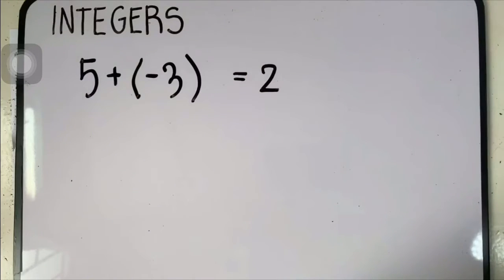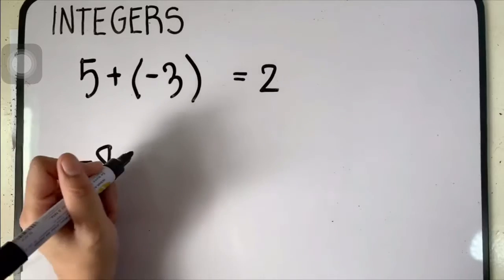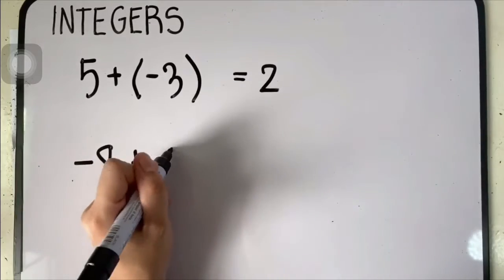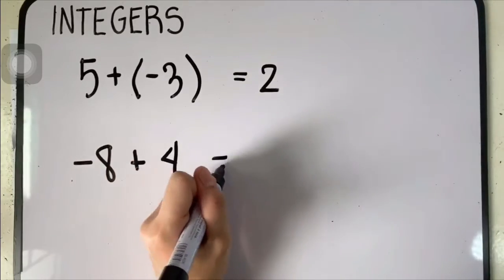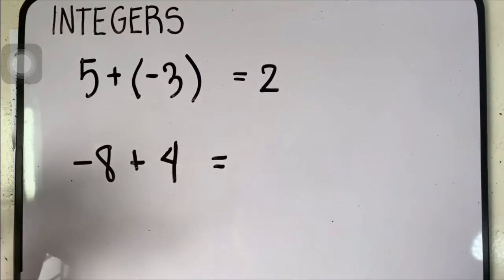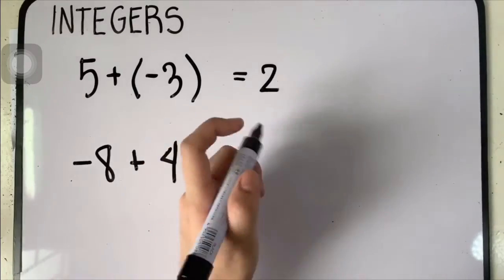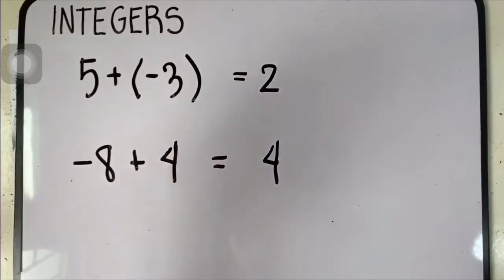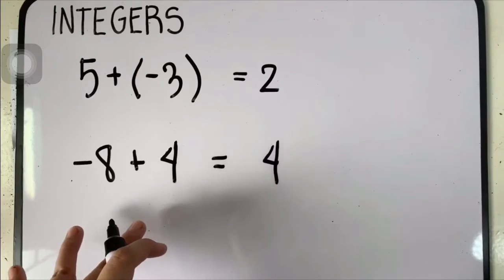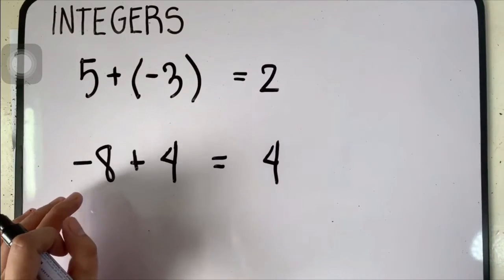Another example, negative 8 plus 4. Again, they have different signs, so we subtract them. 8 minus 4 is 4. Then we copy the sign of the bigger value, which is 8, and 8 is a negative number.